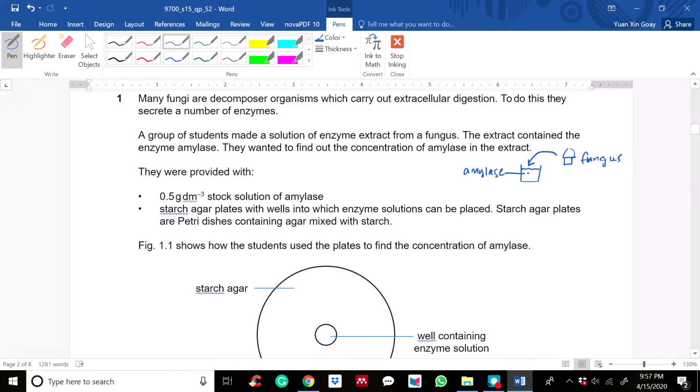So this is the amylase enzyme with unknown concentrations. So how are you going to find these amylase concentrations? You can perform a series of amylase enzyme dilutions from a stock solution concentration and plot a calibration graph with which you can identify the amylase concentrations that is extracted from fungi.